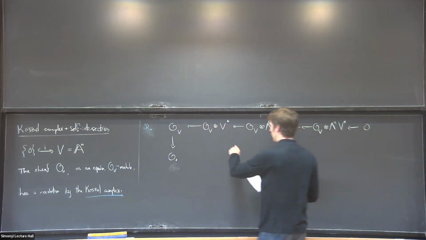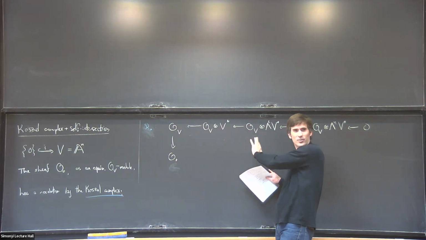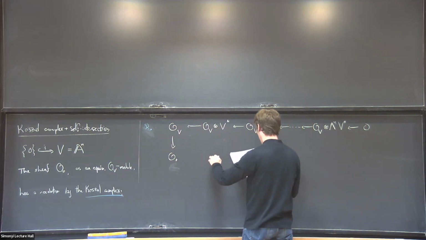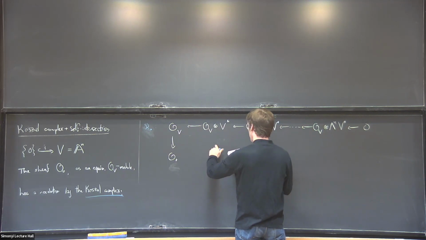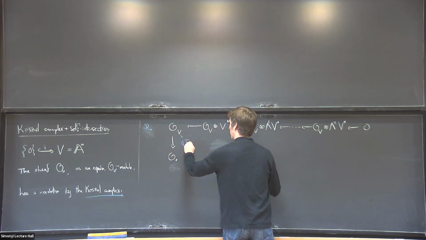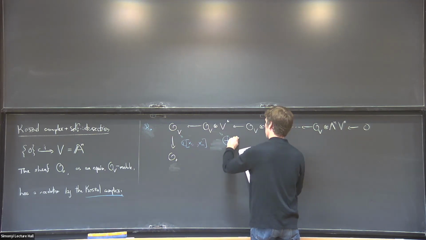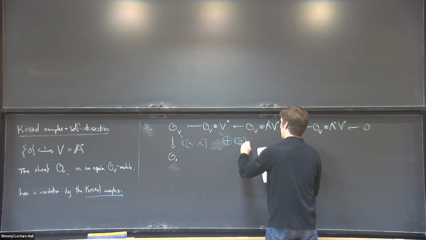And explicitly, let me just make sure that this is completely clear to anyone who might not have seen it before. What's happening here is, I'm just thinking of this as a polynomial ring in n variables. This is a direct sum of such things, one for each dual coordinate.